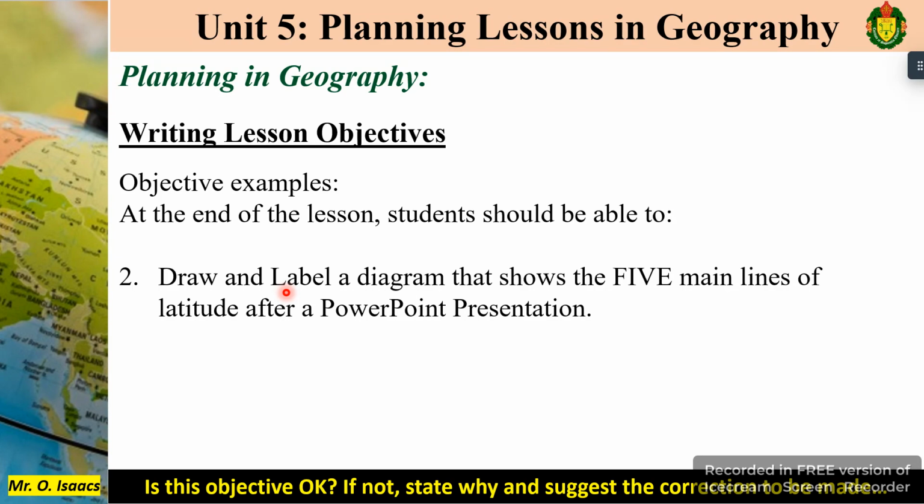Only 1 verb must be used. So this is faulty. So it would be ideal to take out one of them, which would be and label. So it would be just draw a diagram that shows the 5 main lines of latitude. So we have the condition here after the PowerPoint presentation, and we have our degree, which will be 5 main lines, right?